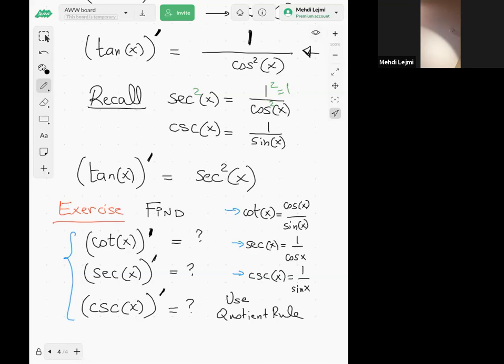Of course, you need to know a couple of rules, like the product rule and the quotient rule. But in the test or the final, you don't have to memorize all those formulas. You can write down the formulas on a sheet of paper and use them. You don't have to memorize everything.